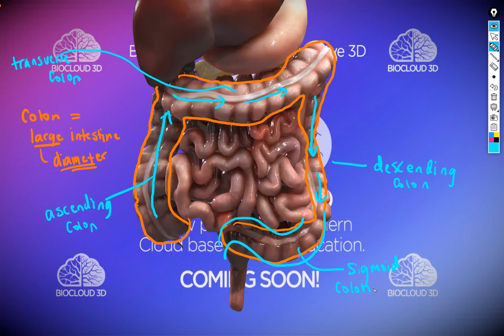So those are the overarching regions of the large intestine or the colon. And as you can see, they're mostly named for either shapes or the direction in which poop is traveling through them. Okay. So let's look at some details of the colon.